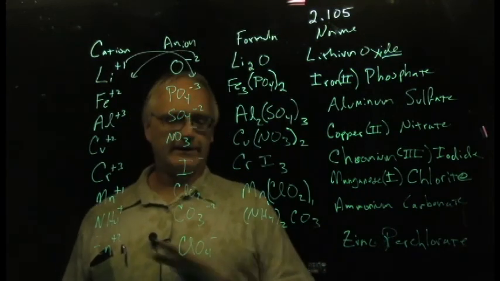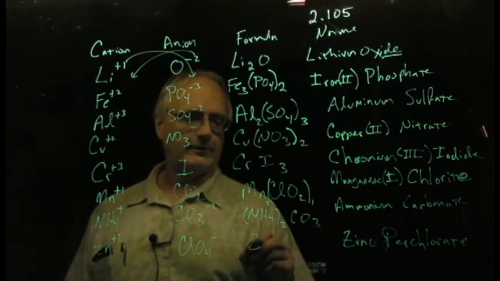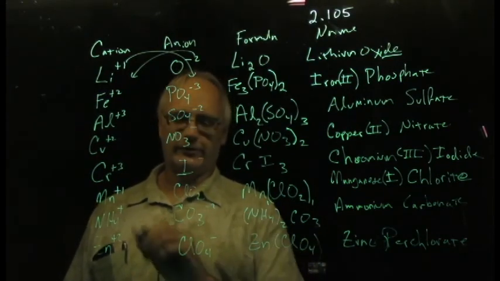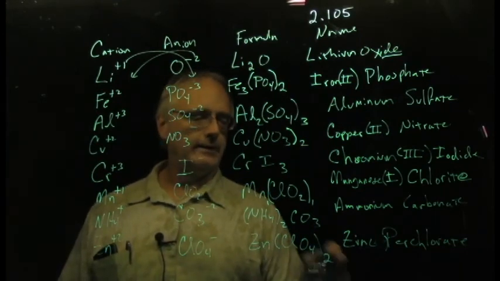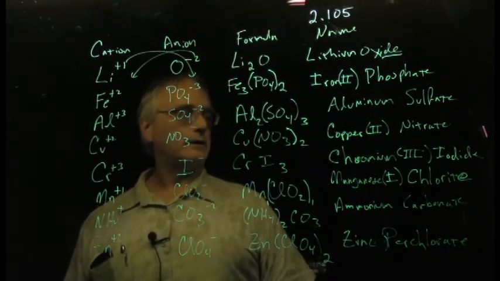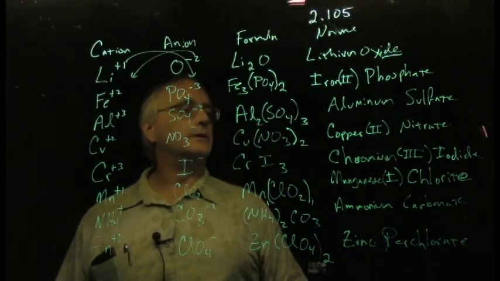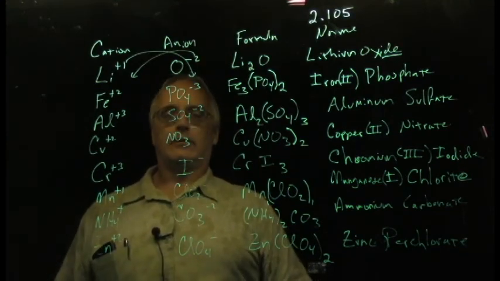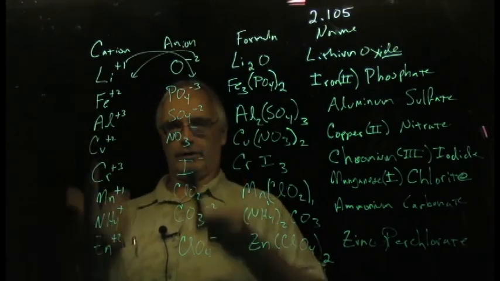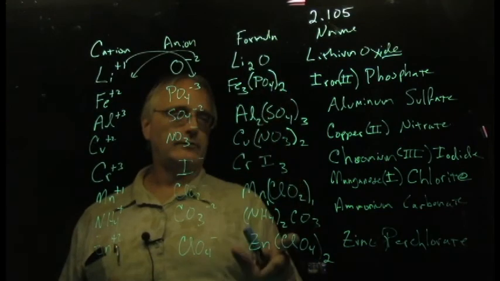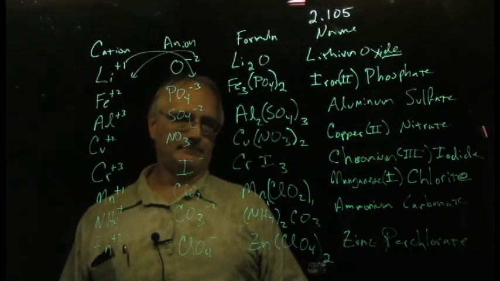Once you have that, then the formula itself is actually pretty simple. Zinc perchlorate, crossover trick, I'm going to need 2 of those. And there is the entire formula filled out, or entire table, excuse me, filled out completely, where you write them from the charges on the ions, or from the entire formula, or from the name, okay?